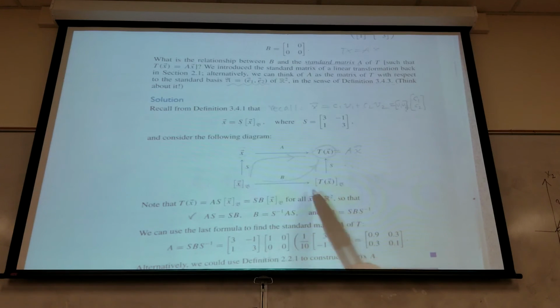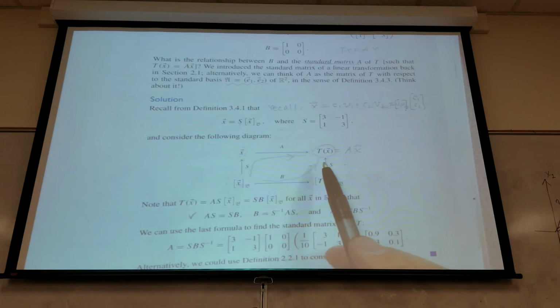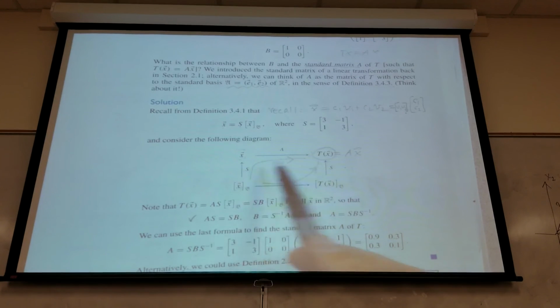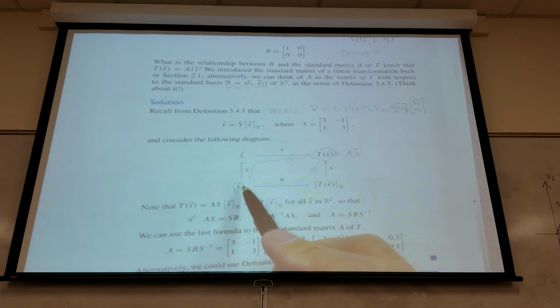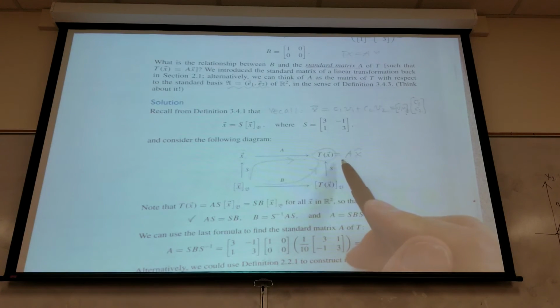On this side, bracket with a B. These are coordinates. From the coordinates, you go back to find the vectors, x and Tx. So the diagram, you remember commutative, you can go from one point to any other point through two different ways, right?